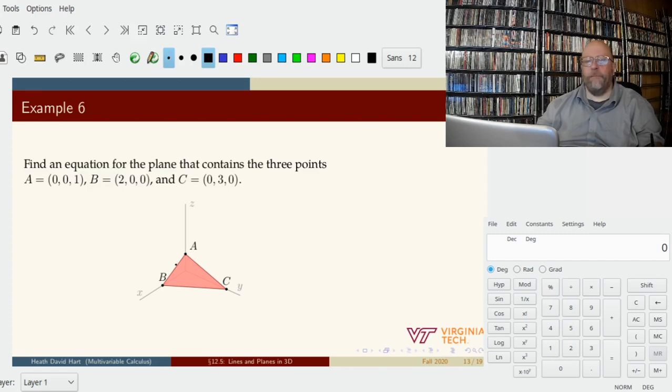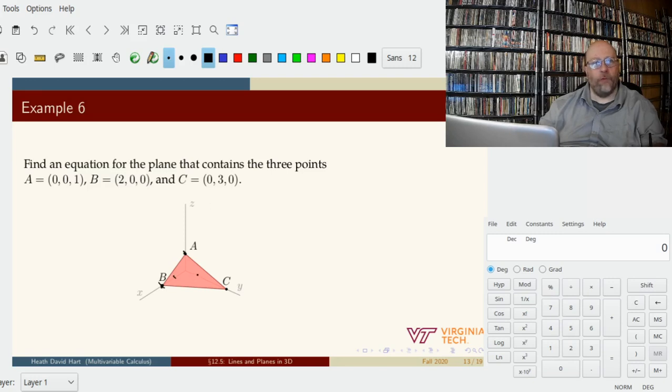So let's keep going. Let's find an equation for the plane that contains these 3 points. 0, 0, 1, which is 1 unit up in the z direction. That's this point here. 2, 0, 0, which is 2 units out in the x direction. That's this point here.